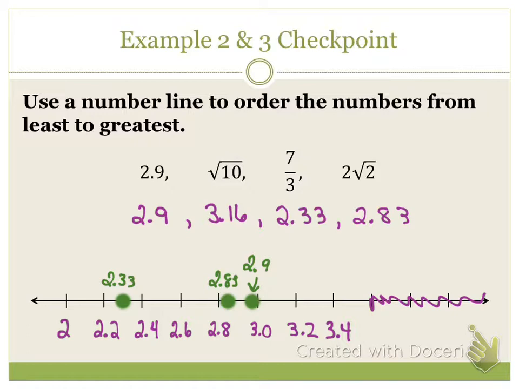All right, and then 3.16. So this one's about right there. And okay, that should be it. All right, so based on these numbers, which one is the smallest in its original form?